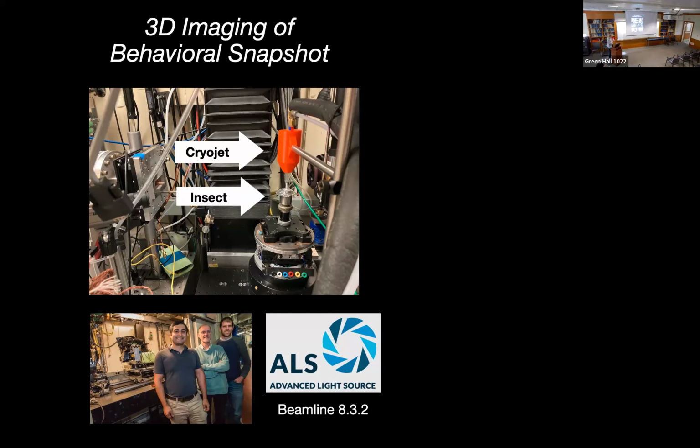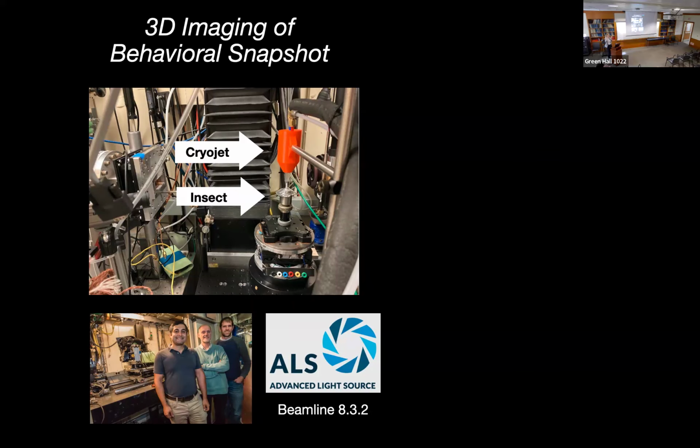So one of my now friends, Harold at the Beamline, created this tool that we call the CryoJet, and it's for imaging frozen specimens. Basically we flash froze insects during different stages of feeding. It was spraying super cold liquid nitrogen vapor over the bugs so that they would maintain a frozen temperature while we were doing the 3D image.